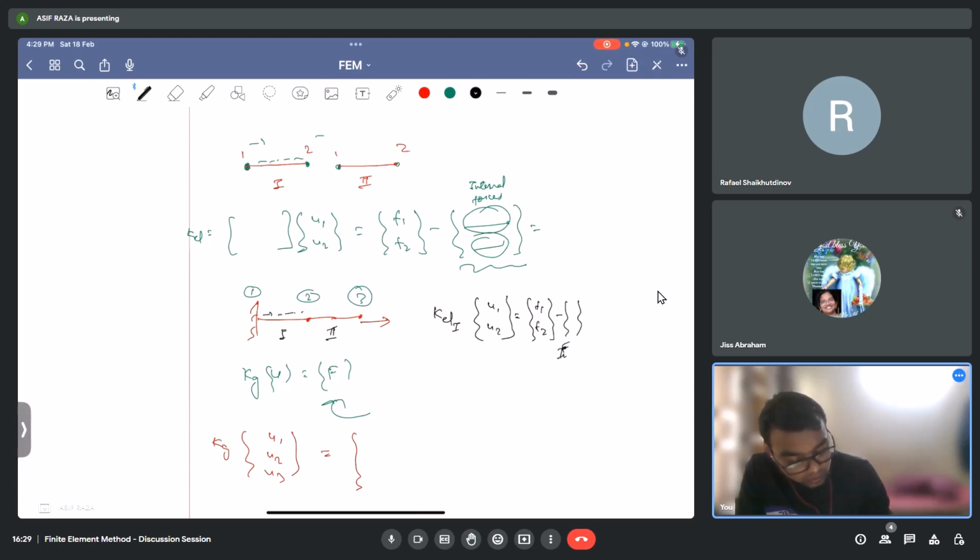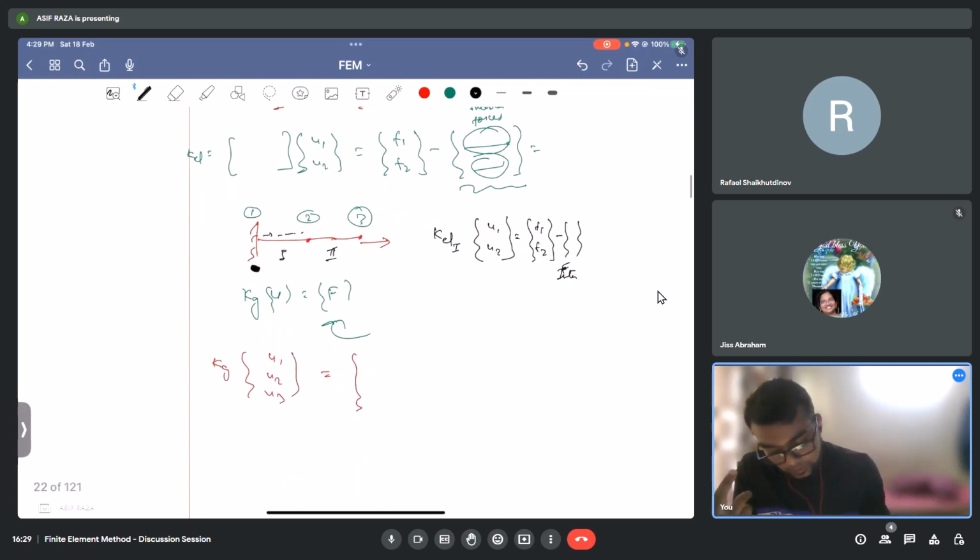It is because element 1 has a restriction at node 1, so that will develop an internal force in the system. And if you see in the context of my boundary conditions, let me generate the space.